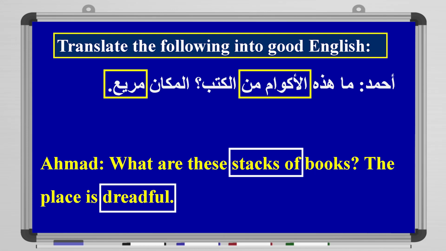The place is dreadful. "Stacks of" is a new vocab. "Dreadful" is also a new vocab. So remember to memorize and understand the new vocabulary because it will be in the translation.